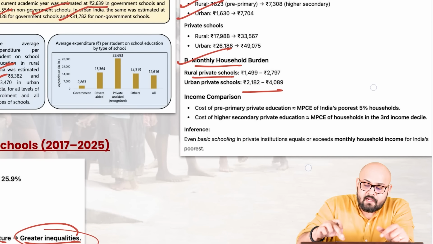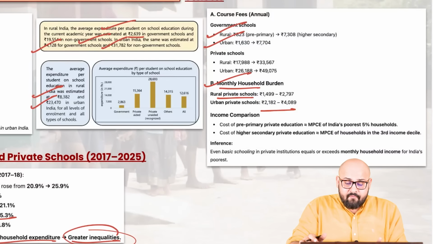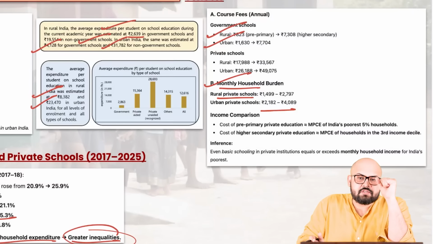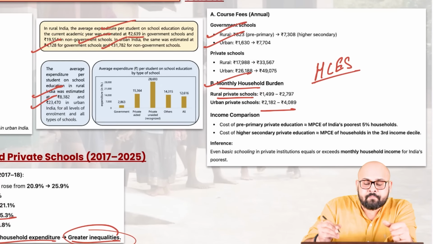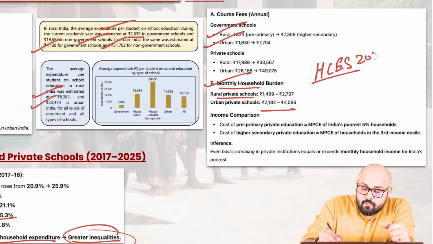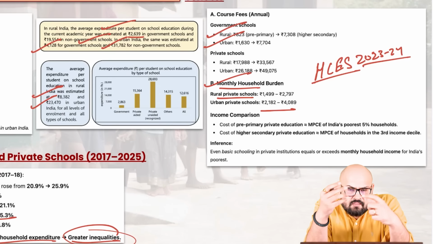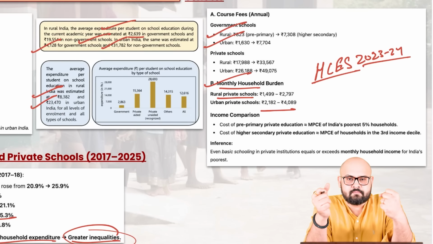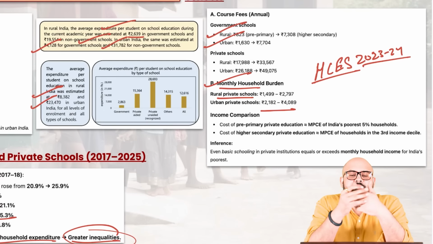Now, you'll have to correlate one set of data with this. The Ministry of Statistics and Programme Implementation has come up with the Household Consumption Expenditure Survey for 2023-24. It tells us about consumption patterns, how much money is flowing into different goods and services, the living standards. So this is very important.